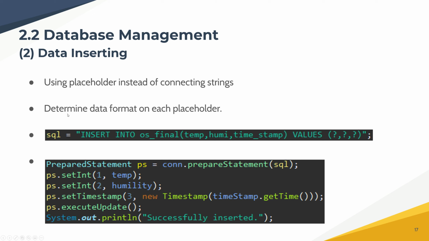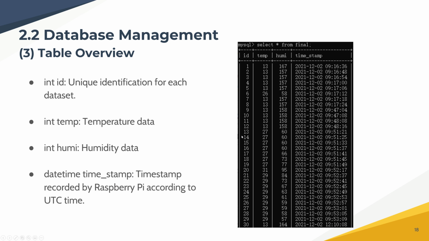We are going to determine the data format for each placeholder. Basically, the data formats are integer and datetime. Once we insert the data successfully into the database, we'll print a successfully inserted message. Here is the table's overview. You can see that we have multiple temperature, humidity, and timestamp entries.